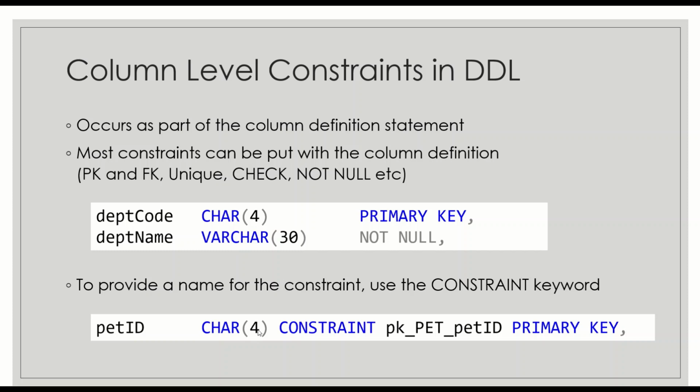They're both the same data type, they're both the primary key, but the one called pet ID has a name on that constraint. And you'll see later on in the course, it's really handy to have a name on your constraints, because later if you want to alter or change or remove, drop them, then you have a name to refer to.